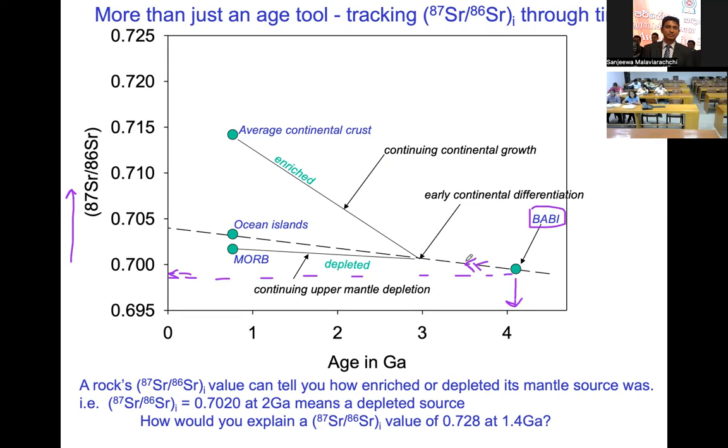When it becomes younger, little by little, more and more strontium is accumulated because of rubidium decay. Rubidium decays to strontium with time. So therefore, with time, strontium isotopic composition will increase. So that's why you have an evolution in this way, like this.